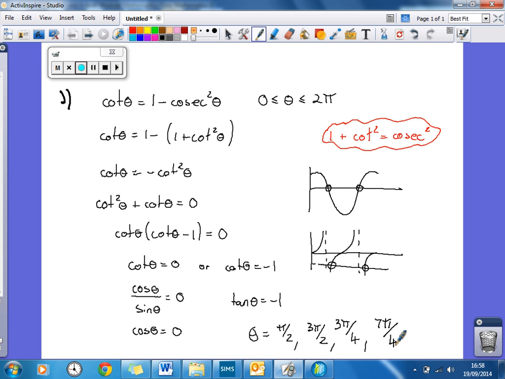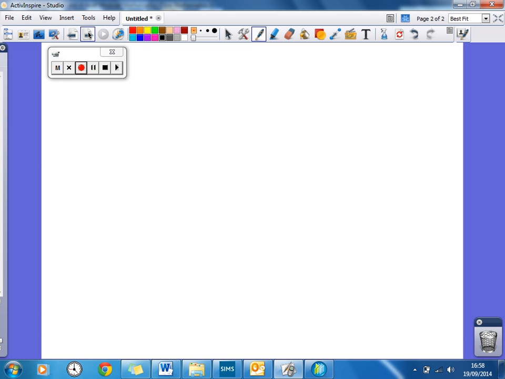They're the 4 solutions. Lots of people got the tan ones, but didn't get the cos ones because they immediately discounted cot. So that's one important thing to look out for.